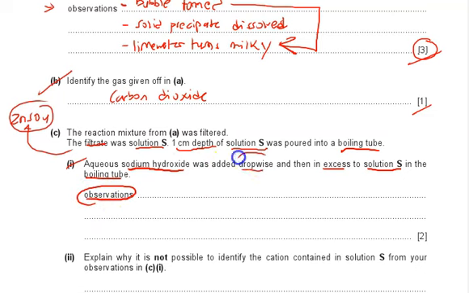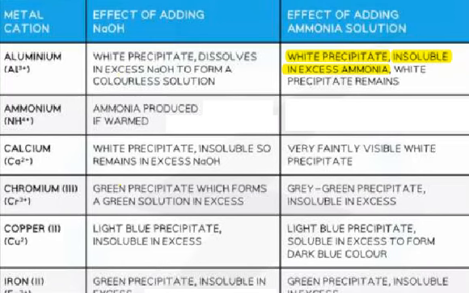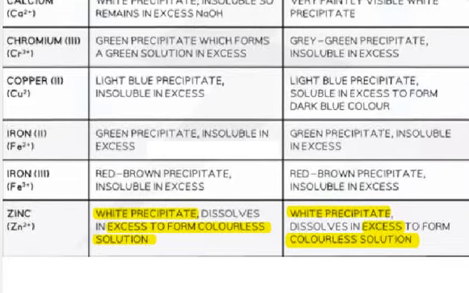So first is dropwise and then is in excess. Now let us look at the short notes that I've prepared for you. Here is the metal cations, this is the effect of sodium hydroxide. Now this is aluminium, ammonium, calcium. So we have all these cations. Zinc will be at last.